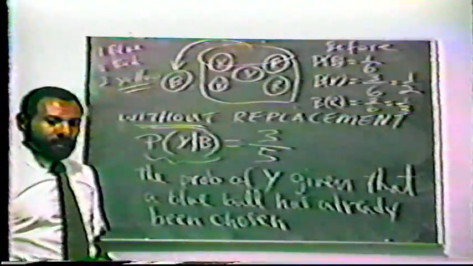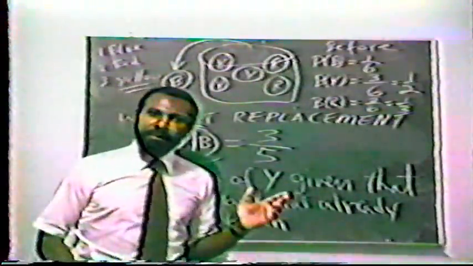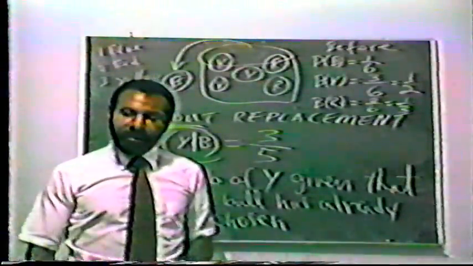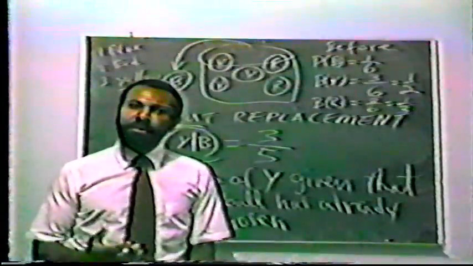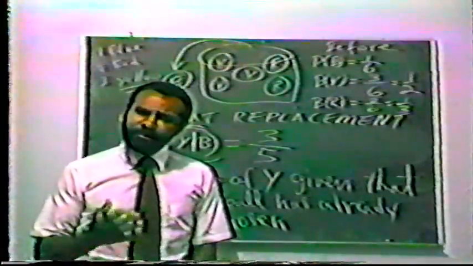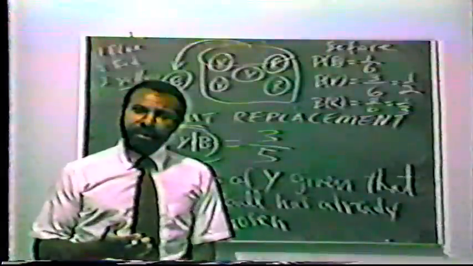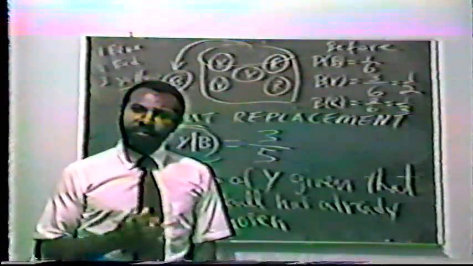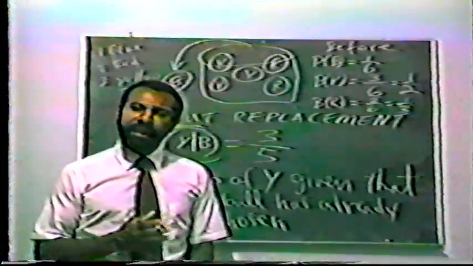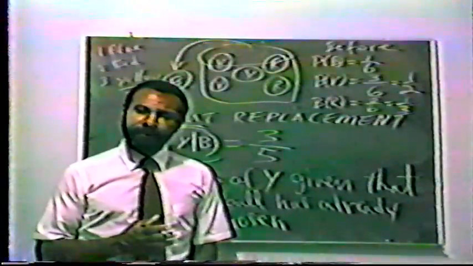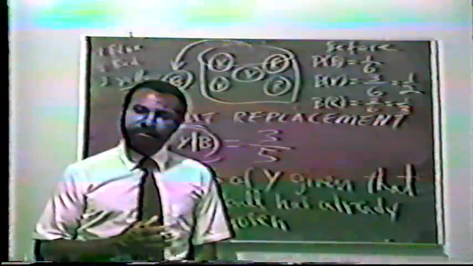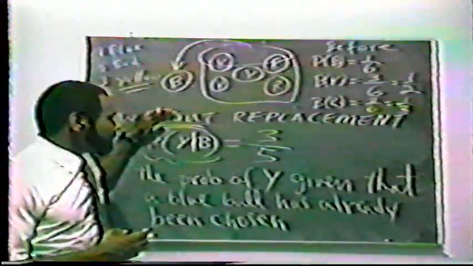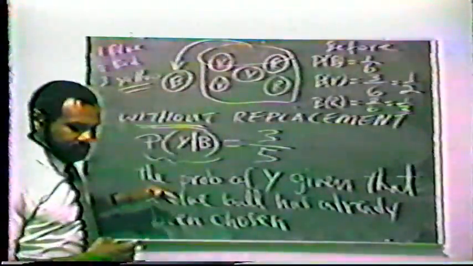So this is what we mean by dependent events. Now, the formula for finding the compound probability of A and B is different depending upon which type of events you have.